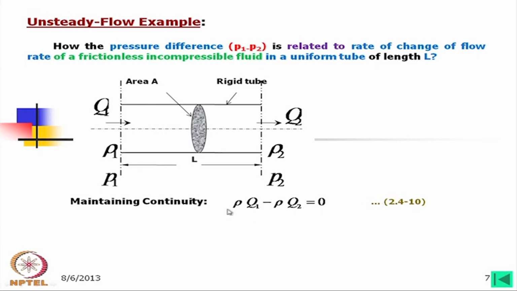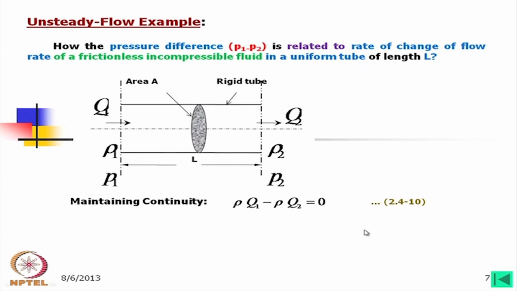Maintaining continuity, we can write rho Q1 is equal to rho Q2. Again in this case we have considered rho 1 is equal to rho 2, that means density is not changing. In most of the fluid power analysis, for small conduit, if length is not very large and if there is not too much change in pressure and the temperature, then we may consider rho 1 is equal to rho 2.